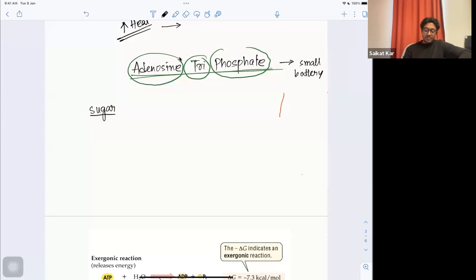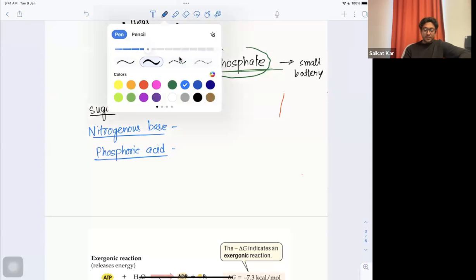Now this battery is composed of 3 units: sugar, nitrogenous base, and phosphoric acid. These are the 3 compounds needed to make this small battery.